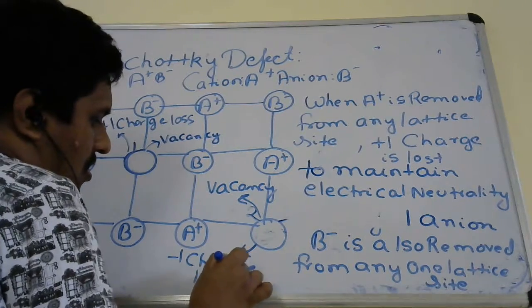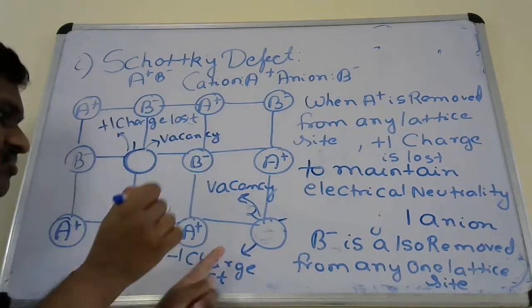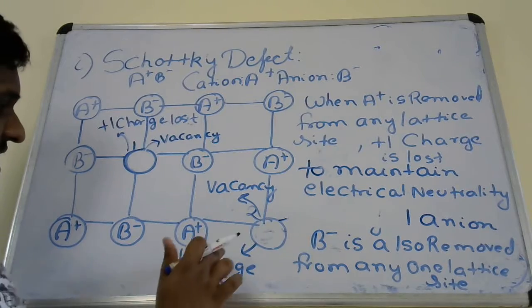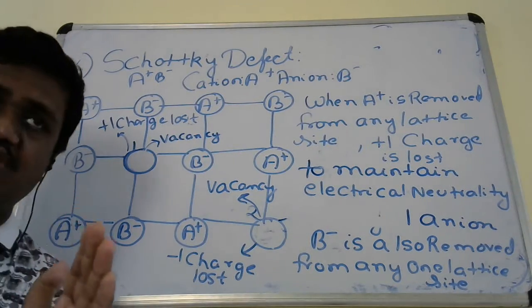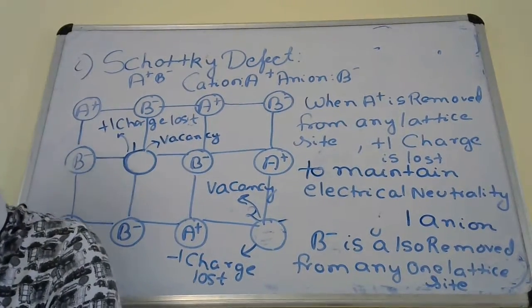At one position a plus 1 charge was removed and at the other position a minus 1 charge is removed. So total charge removed is 0.